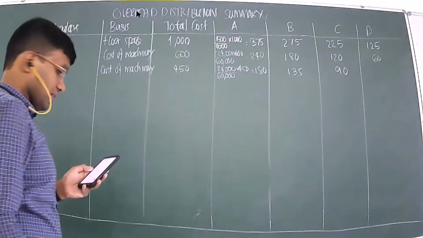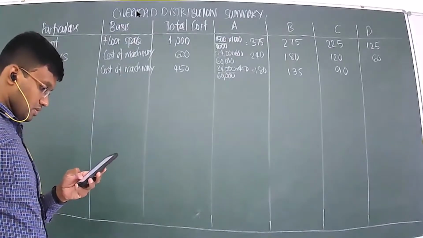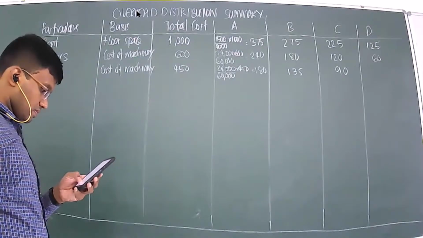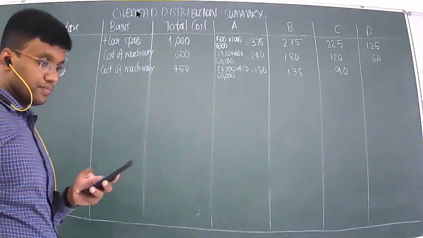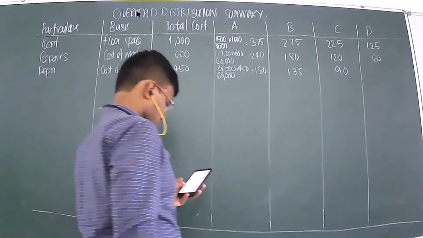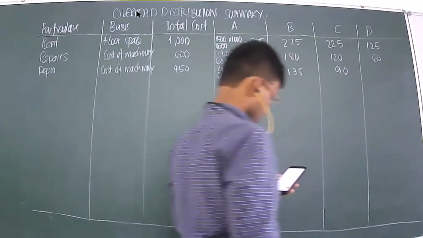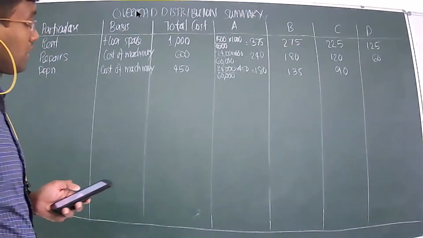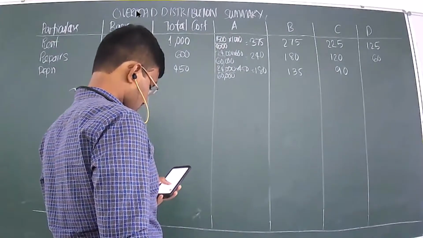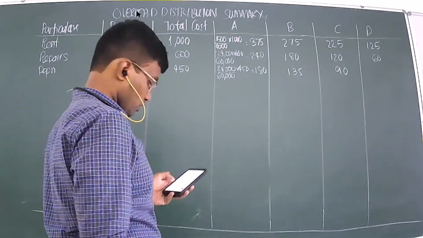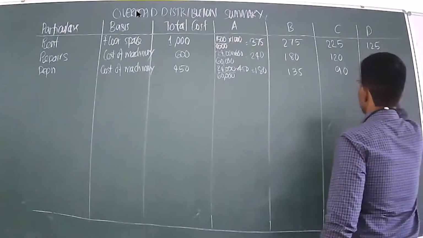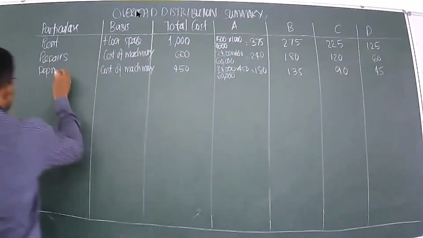And then finally for the last one, we will have to calculate. It will be 6,000 divided by 60,000 into 450, which will give you 45. So this is how we will be apportioning depreciation.